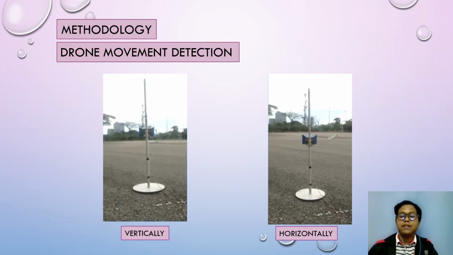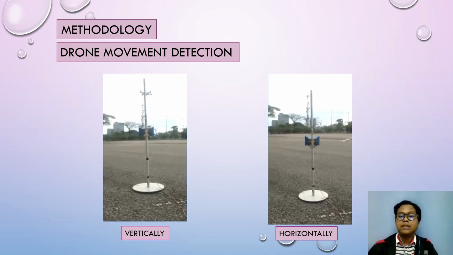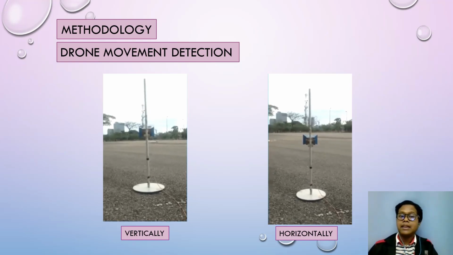First, the drone will fly vertically, which is upwards and downwards in front of the passive radar receiver, crossing the baseline. Next, the drone will fly horizontally, which is right to left and left to right. The passive radar receiver must be placed towards the transmitter.